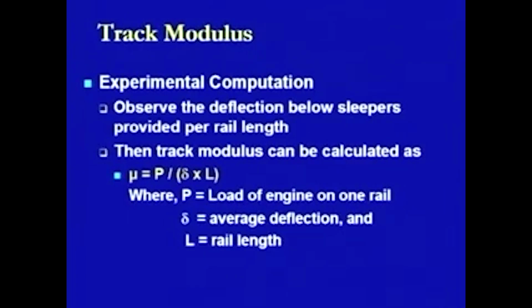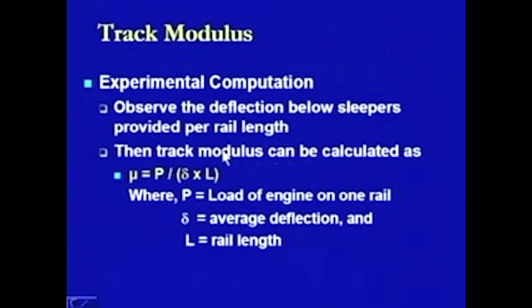Coming to the computation of the track modulus, as we have discussed in the definition, the track modulus is defined in terms of the load, in terms of the unit length of the rail section, and in terms of the deflections which have been induced in that rail section because of the load. It means we have to take into consideration the load, the length, and the deflections.